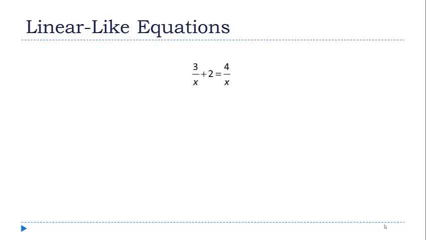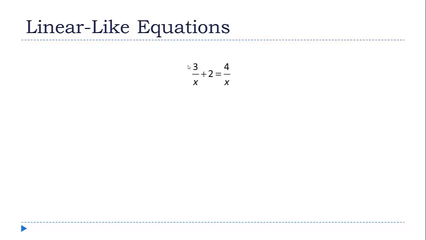However, with some equations, we can do a little creative manipulation and turn them into a linear equation. And from there, we can take advantage of that property of linear equations, that we can always solve them for a variable and get the solution. So let's see how we can do that here.